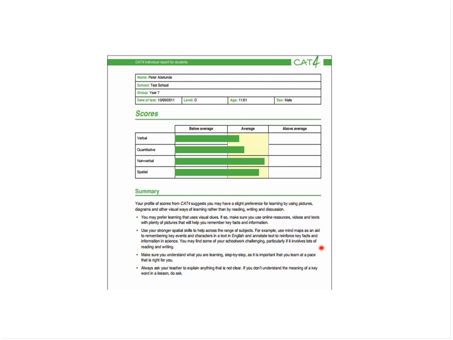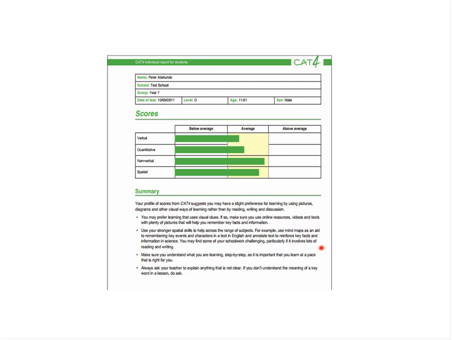And that can really encourage quite a lot of independence and taking on responsibility more for their own learning. So I've seen that quite a lot in practice when pupils have sat down with a teacher and talked through this report. There is often a sense of ownership that's transferred over, because suddenly it's a light bulb moment for the pupil and they understand much more about why they find some things harder or easier, and why they have preferences for certain subjects or different teaching styles and so on.